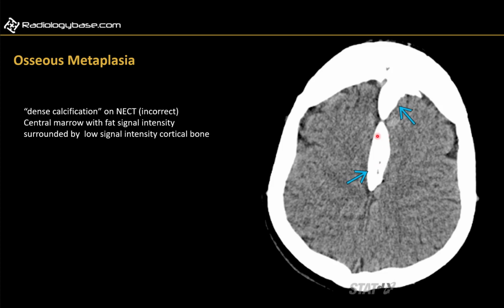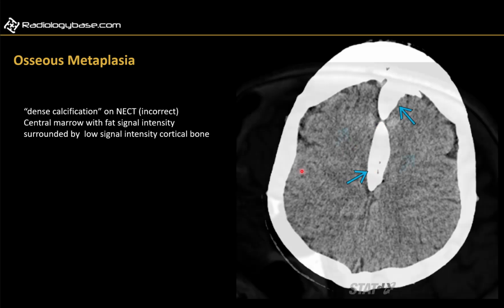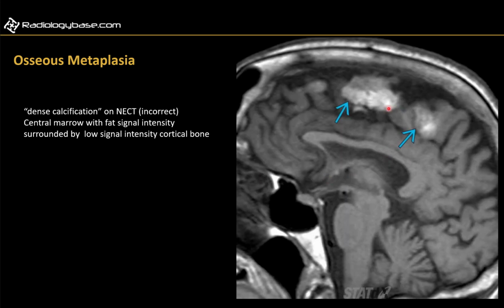If you look at the MRI image, you can see high T1 signal areas corresponding to the fat density areas in the central part, which are surrounded by a low T2 rim. You can see this area. So this is the osseous metaplasia, which is the bone marrow within the falx.